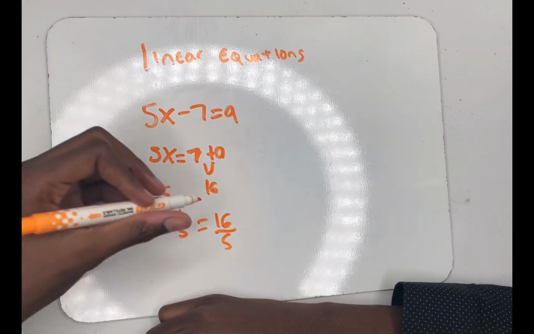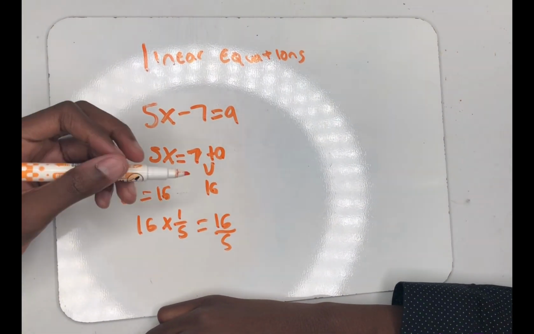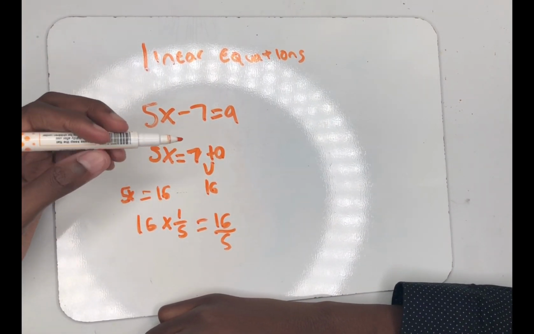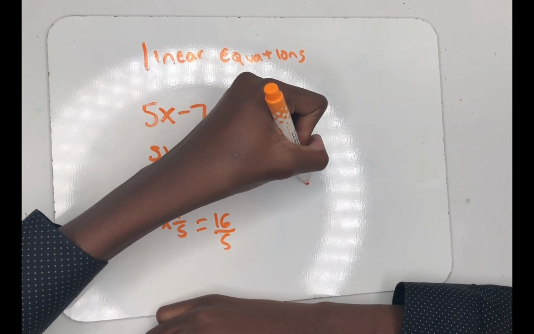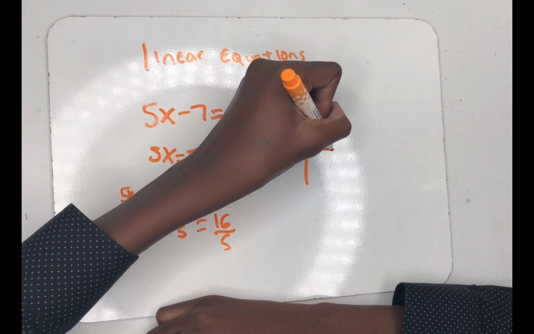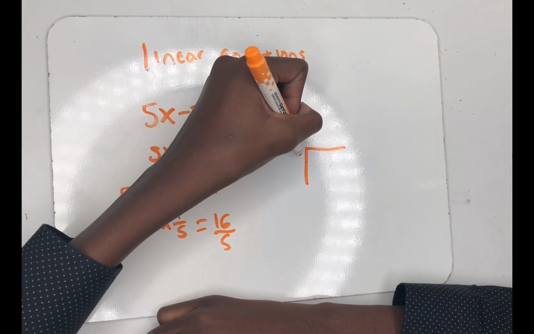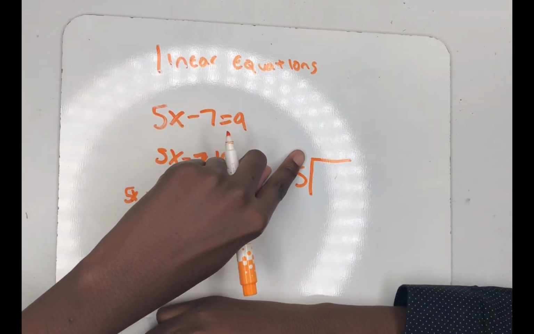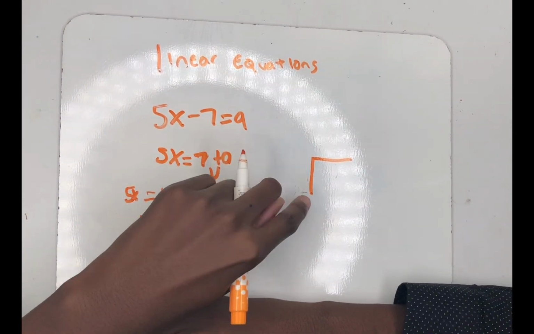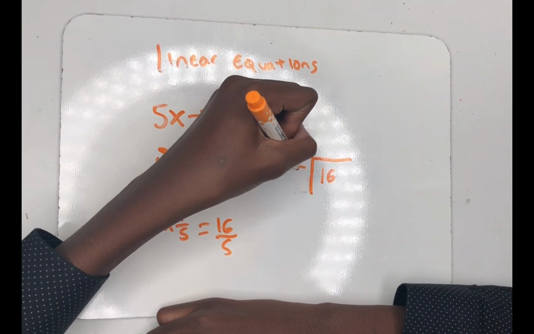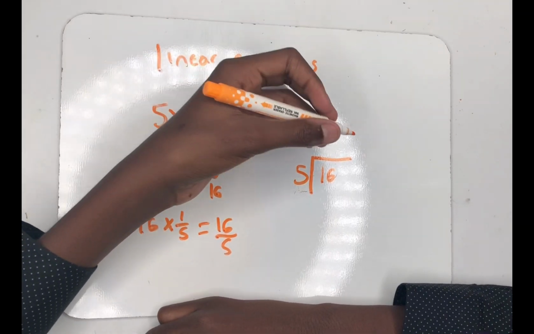But if you don't want to keep it like this, you can either get a decimal or you can get the divisible. What I'm going to do is take long division, 16 and 5. So what does that equal?